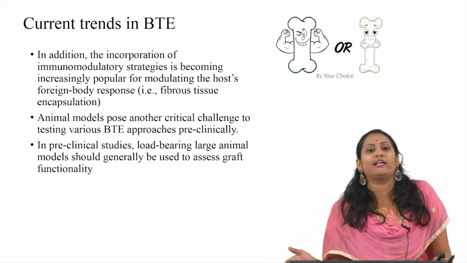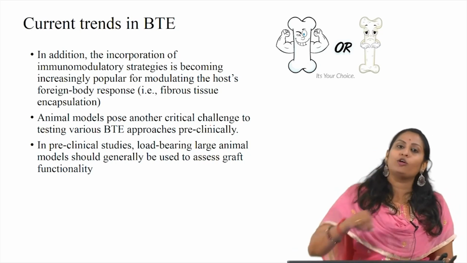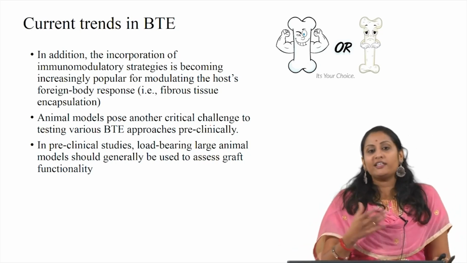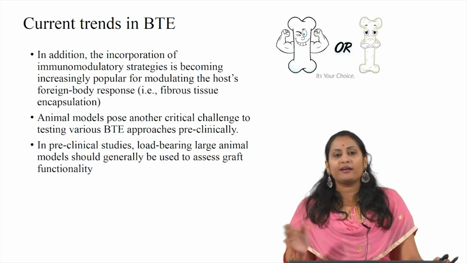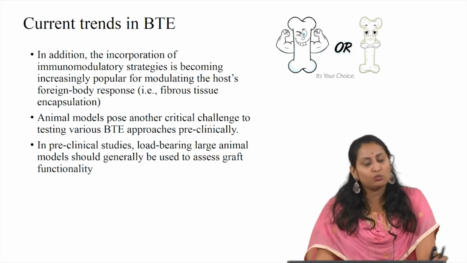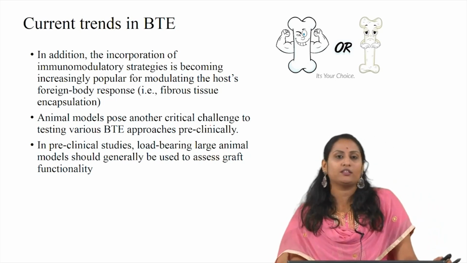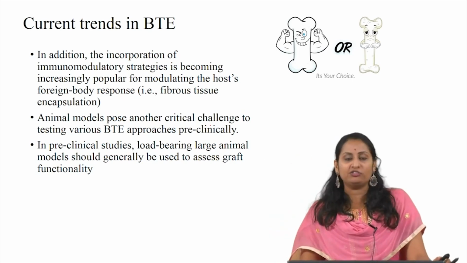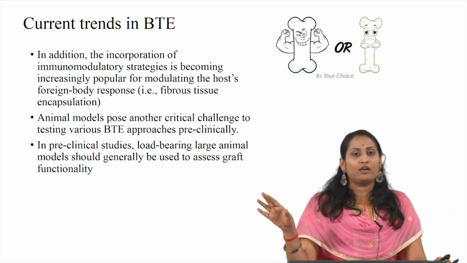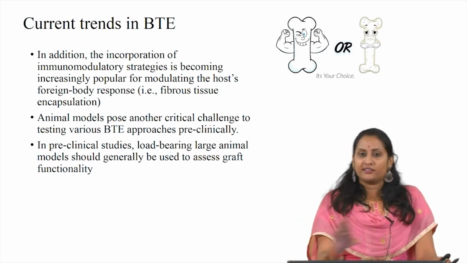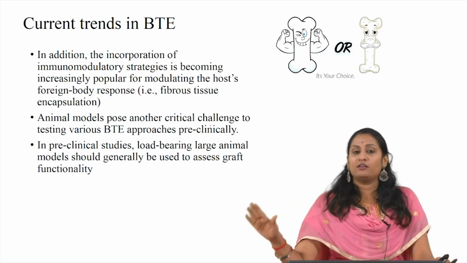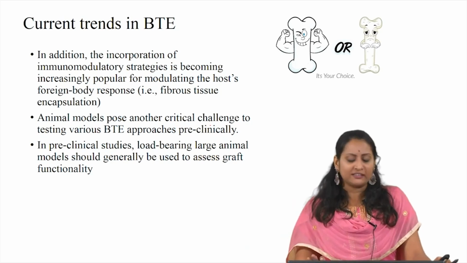So we need to modulate that. So incorporation of immunomodulatory strategies is becoming popular to avoid that kind of encapsulation, and that is one of the current trends where research is ongoing in bone tissue engineering. One is mainly on vascularization techniques and scaffold design, and the other is incorporation of immunomodulatory strategies.